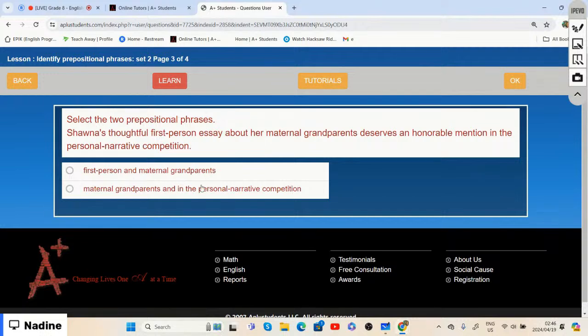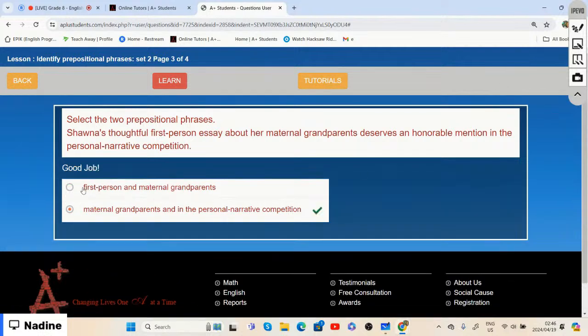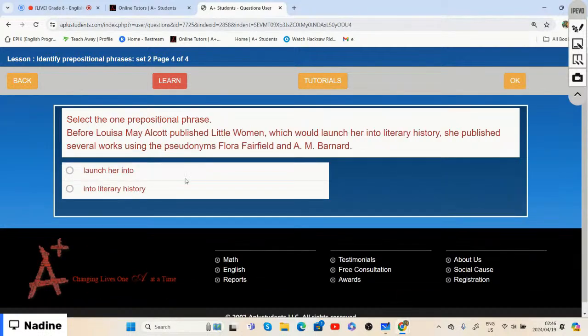All right, it's maternal grandparents and in the personal narrative competition.